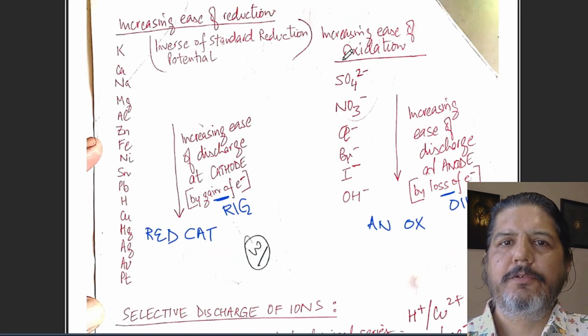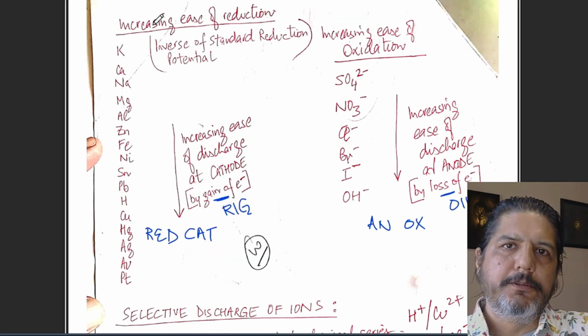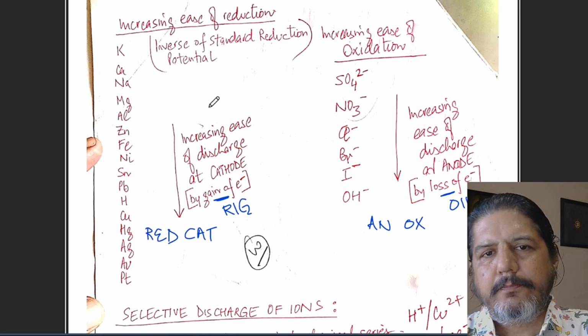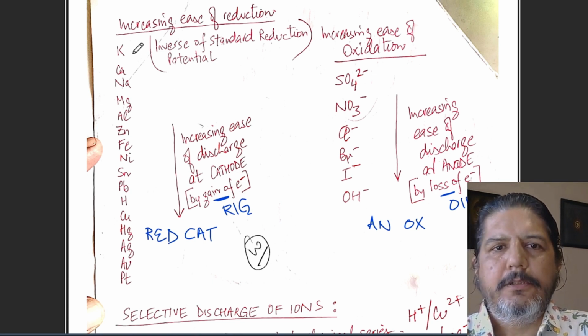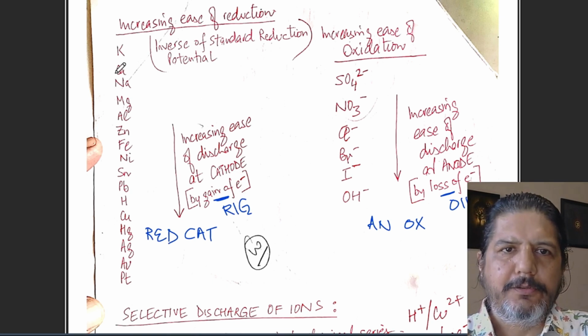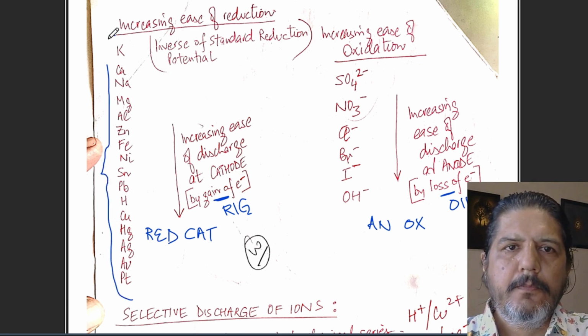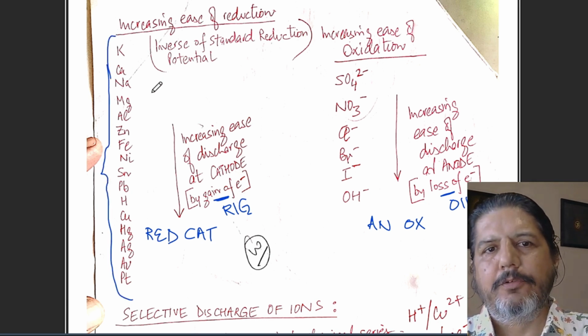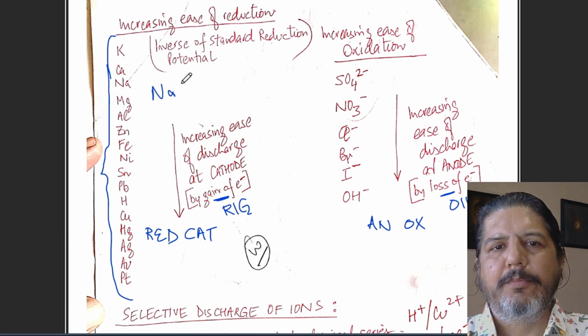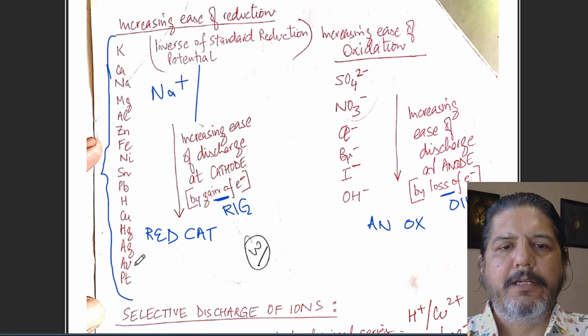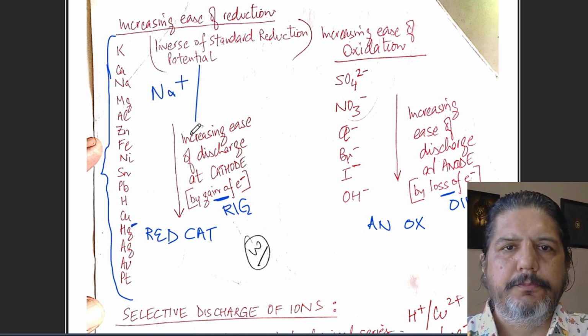So, for example, you have cations. All these metals that you see on the side will form cations. For example, you might have something like Na+, or something like Cu2+.